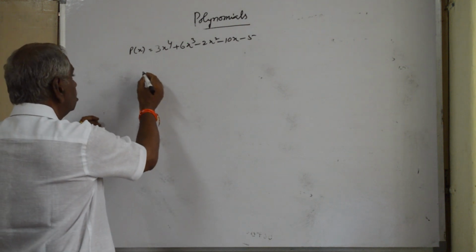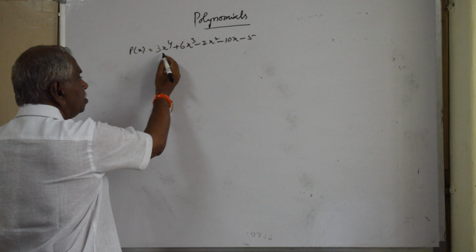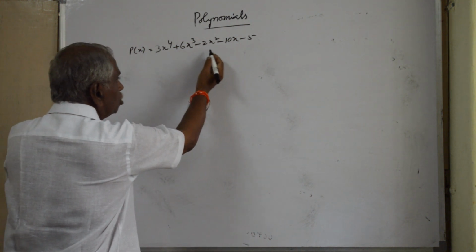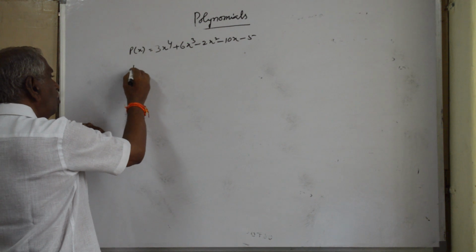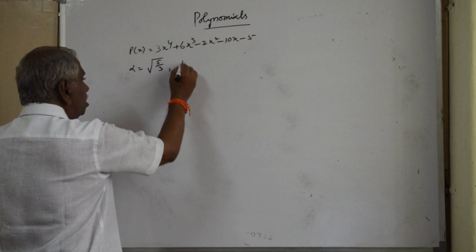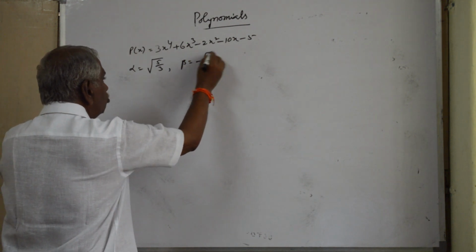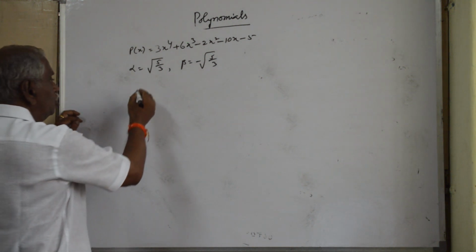Now let us start with the polynomial 3x power 4 plus 6x cube minus 2x square minus 10x minus 5. You are given alpha is equal to root 5 by 3 and beta is equal to minus root 5 by 3. That is, they have given two zeros.